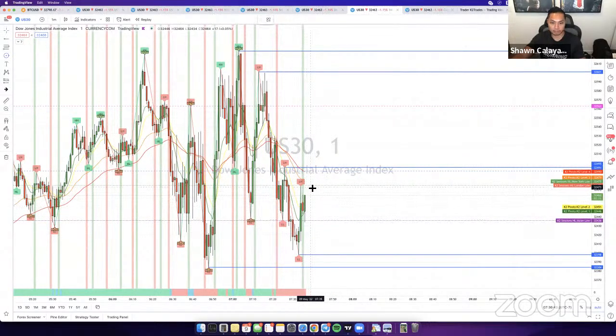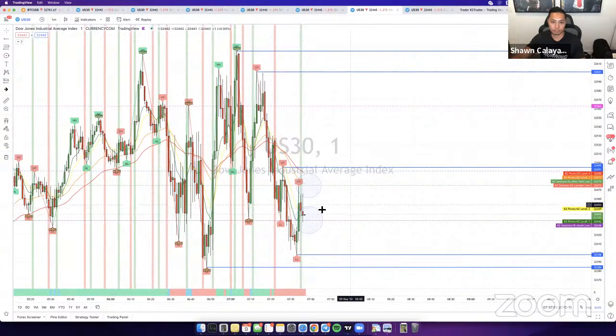So there's a session above here and there's a session below here. So it's not going to be a good entry for us to take unless it closes below here, which is great. That's what we'll be looking for. I need it to be below the session, so see where it goes from here.